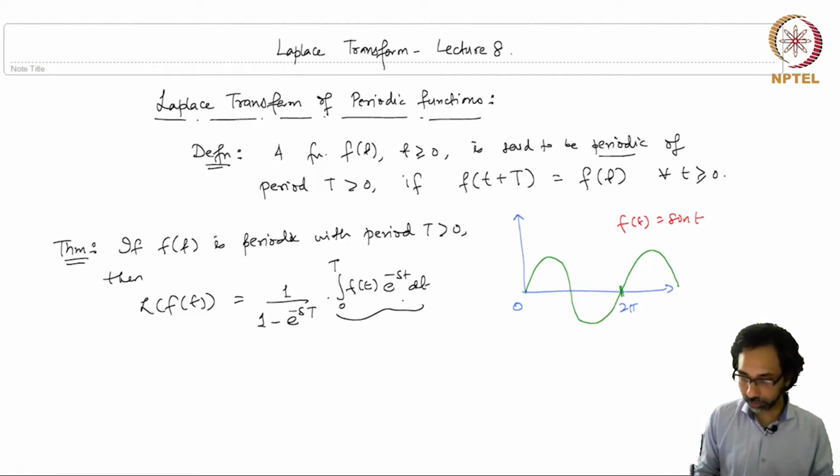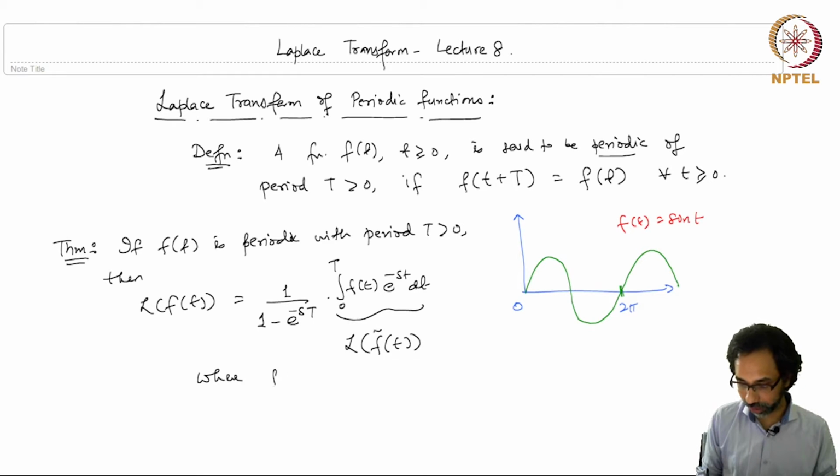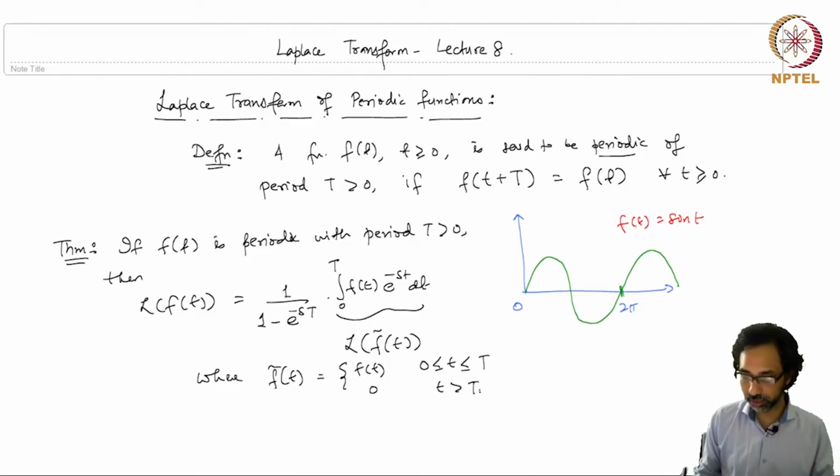Note that this is the Laplace transform of the modified function f tilde(t), where f tilde(t) is equal to f(t) for 0 less than or equal to t less than capital T, and 0 for t greater than T.